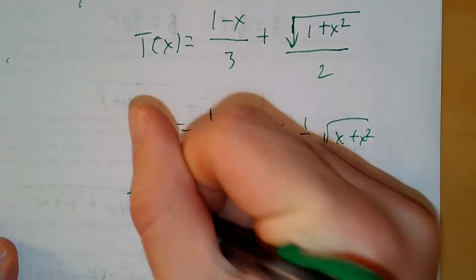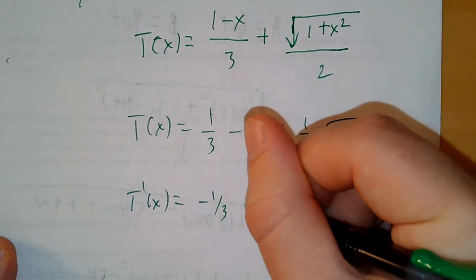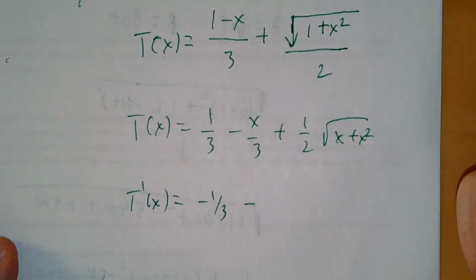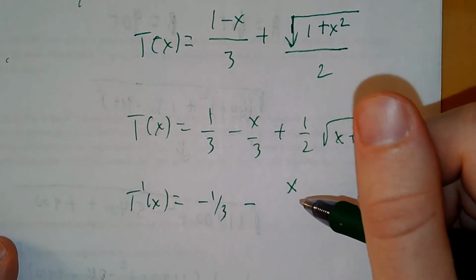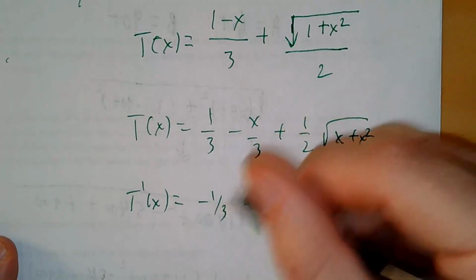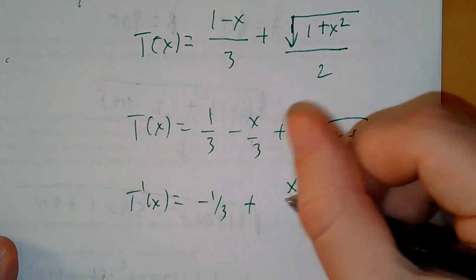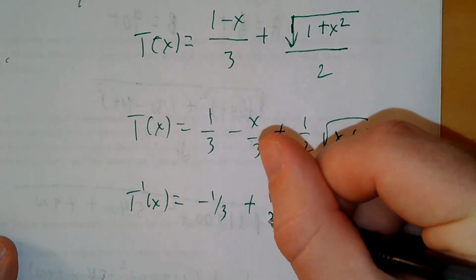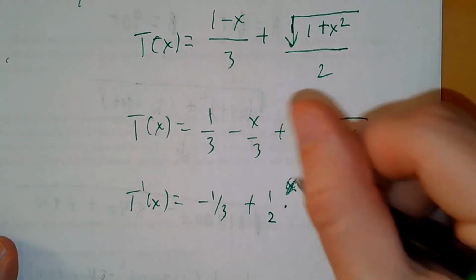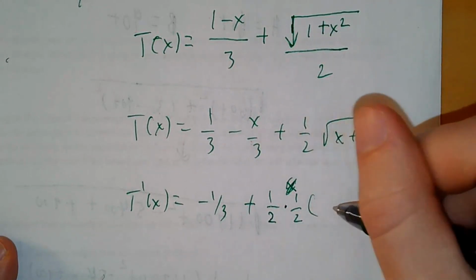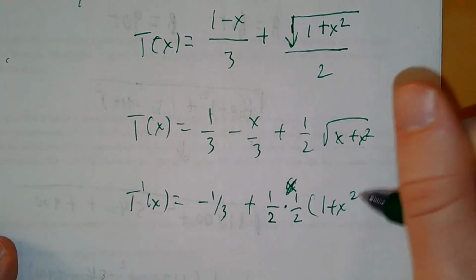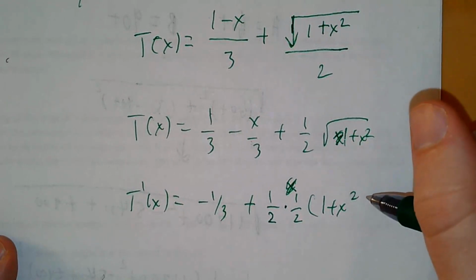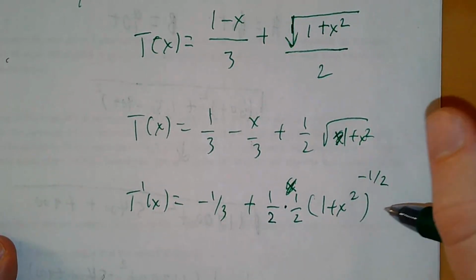So the derivative here is going to be negative 1/3 plus 1/2 times 1 plus x squared to the power of negative 1/2 times the derivative of the inside, which is 2x.